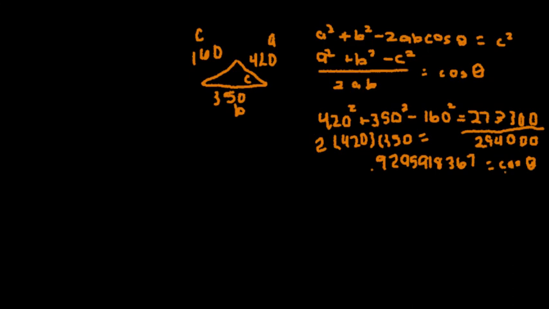We can multiply by the inverse, which is, let me write it here, the inverse of cosine theta. We can multiply by the inverse, which is cosine inverse, right? And so we'll do the same thing here. Multiply by cosine inverse.